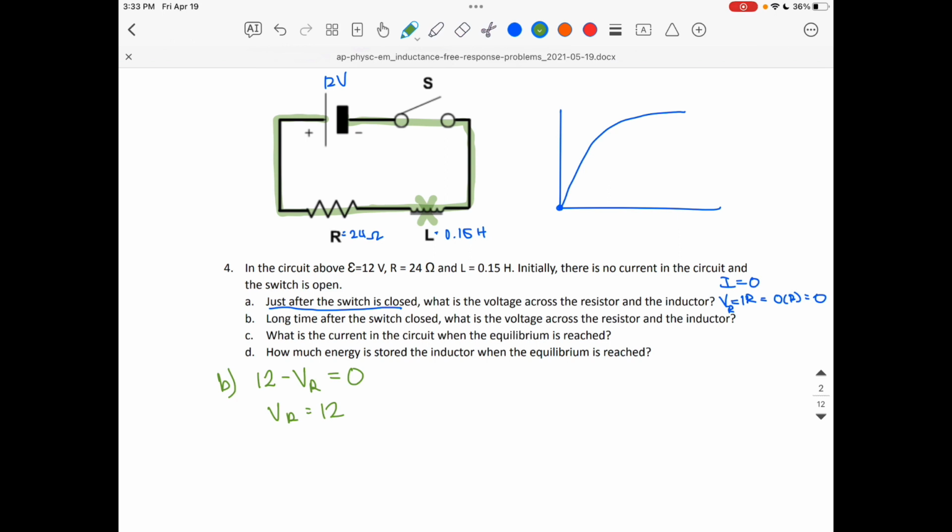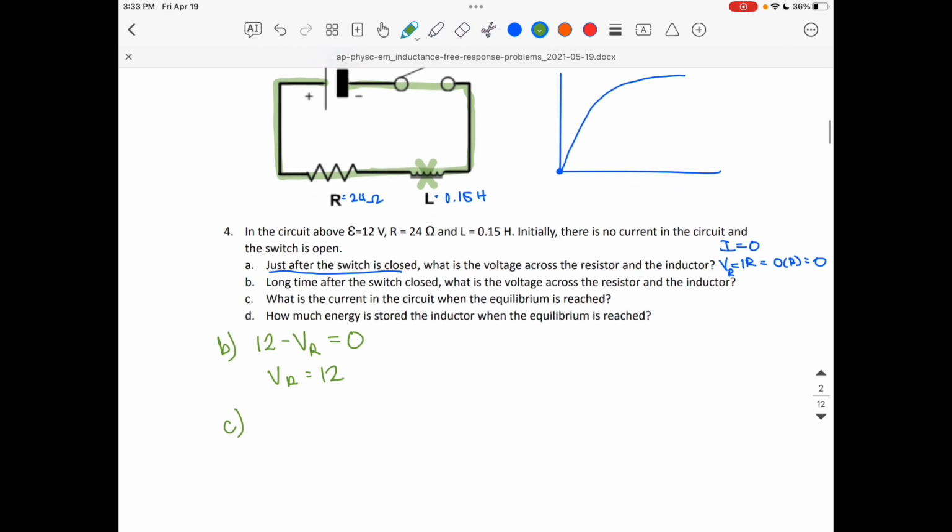Part C. What is the current in the circuit when equilibrium is reached?